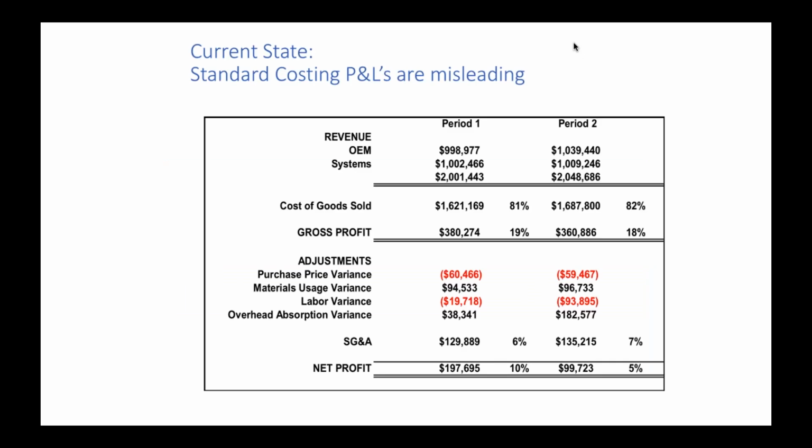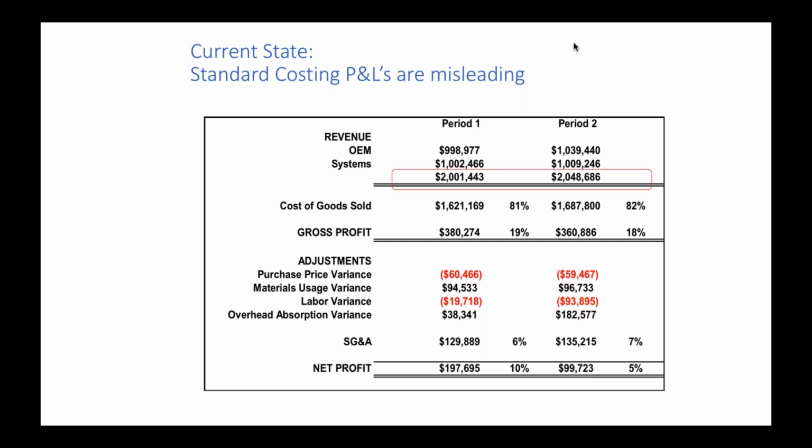So what is the issue? Let me give you an example. If you've worked in a manufacturing company that employs standard costing systems and uses a standard costing based income statement, you have probably encountered this situation. Here we have period 1 and period 2, and some very simple income statements.